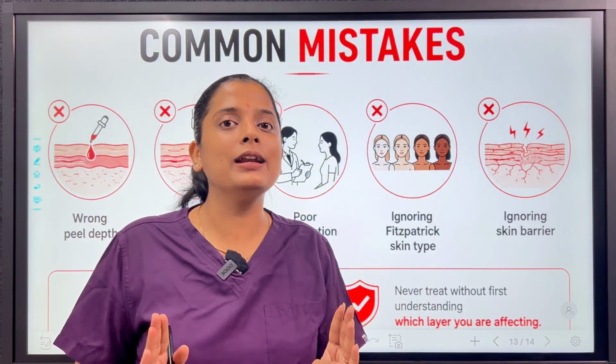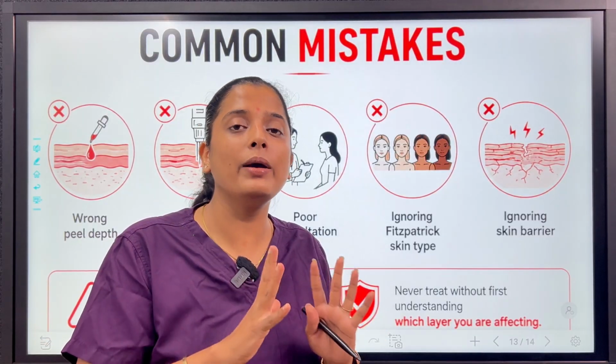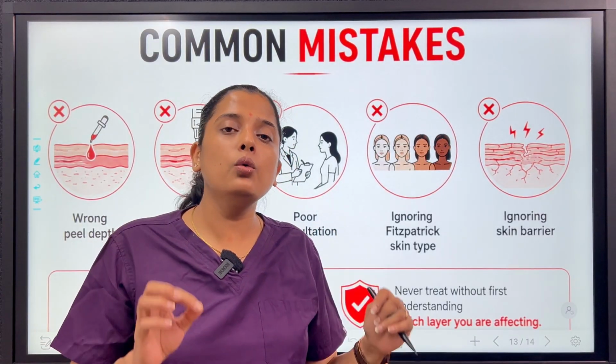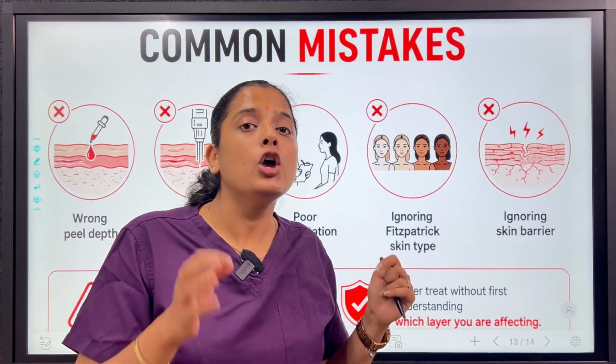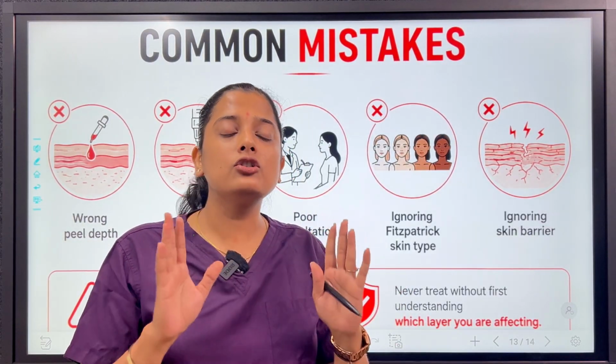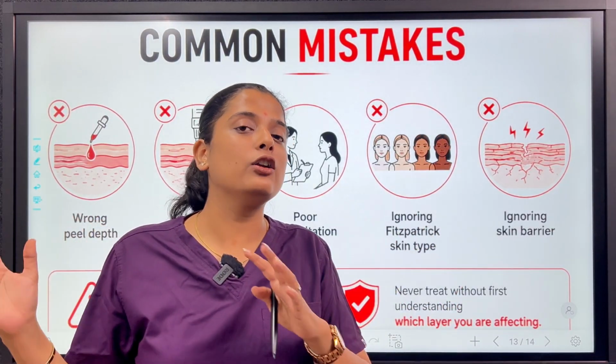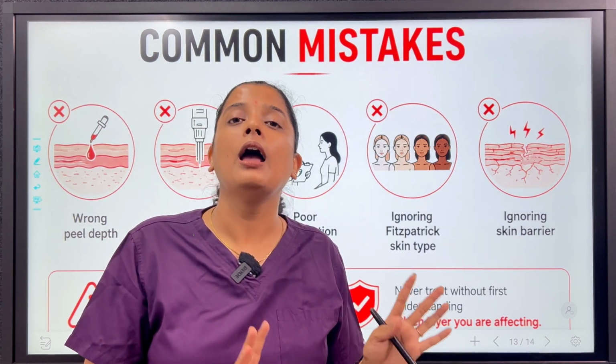Because whenever you plan a treatment, you plan a depth. Whenever you plan a treatment, you plan a result. Whenever you plan a treatment, you are actually giving a hope to the client. So that hope needs to be correct. You need to be educated and you need to have an ample amount of knowledge from basic to advanced to deal with all kinds of problems related to aesthetic issues.